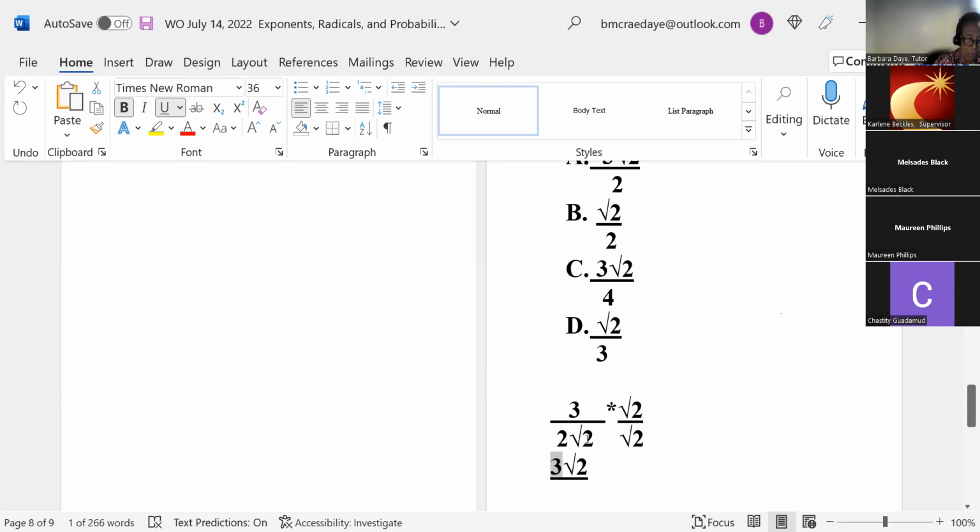So square root of 2 times square root of 2 just gives you the number under the radical symbol, 2. Square root of 5 times square root of 5 is 5. Square root of 100 times square root of 100 is 100. Because square root is really raising it to the 1/2 power. And what's 1/2 plus 1/2, Mercedes? 1 whole. So that's how you get 2, just 2 to the 1.